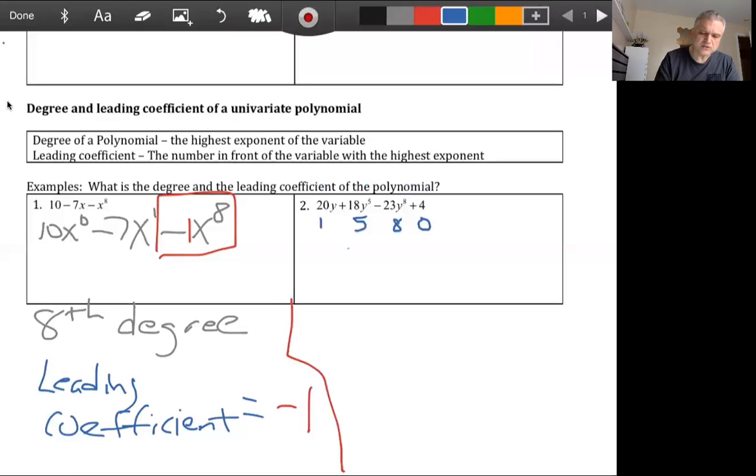So out of all of these, we look at the degrees and we say the largest one is 8. So it is an 8th degree polynomial. This whole polynomial is an 8th degree because the largest exponent on a variable is an 8. Now you take this term and you say, what is the leading coefficient?